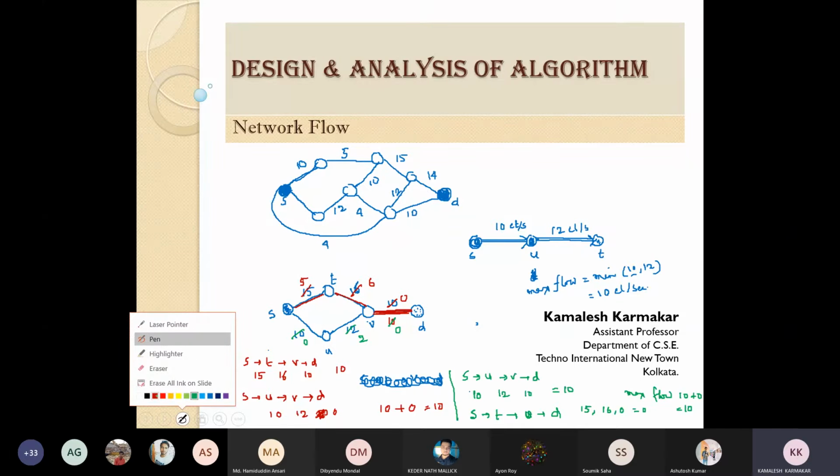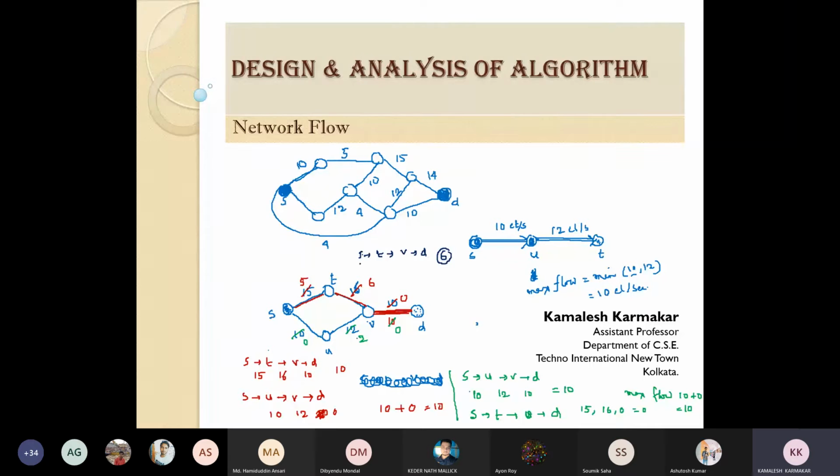Let me consider that. Is it visible? I think okay. So let me take this one, that I have a path: S to T, T to V and V to D. Through this path I want to transfer 6 units.